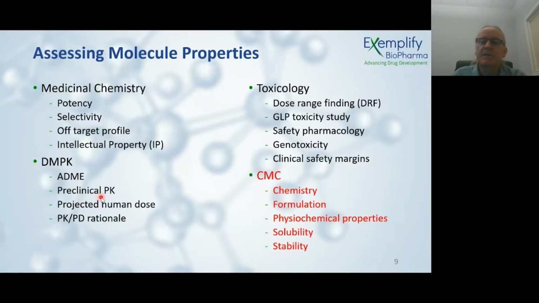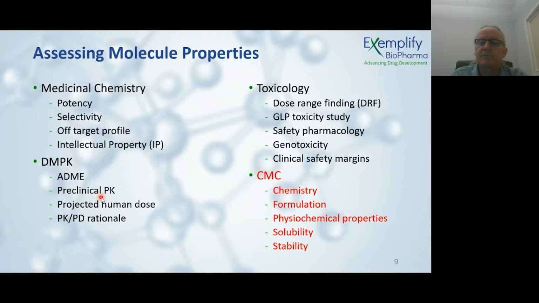On the CMC side, you do need to obviously look at the chemistry because, if you don't have good chemistry, you can't scale up. If you can't scale up, you can't actually run your preclinical program. You need to look at the formulation, both, as I said earlier, for your toxicology studies and also for your clinical studies. You need to understand the physiochemical properties.